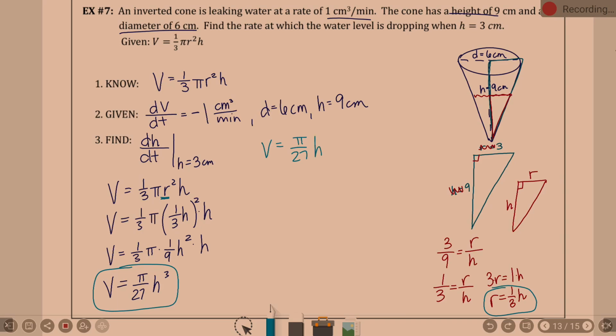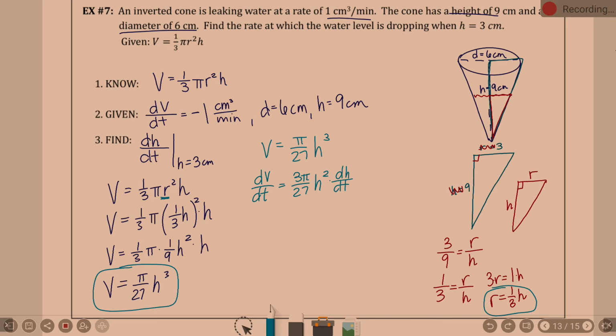Now, differentiate. Derivative of V, dV/dt. Derivative of pi over 27 H cubed. 3 pi over 27 H squared times dH/dt. 3 pi over 27 H squared dH/dt.